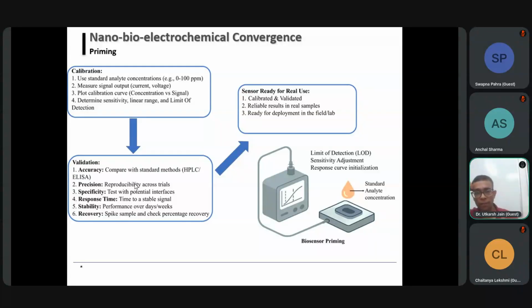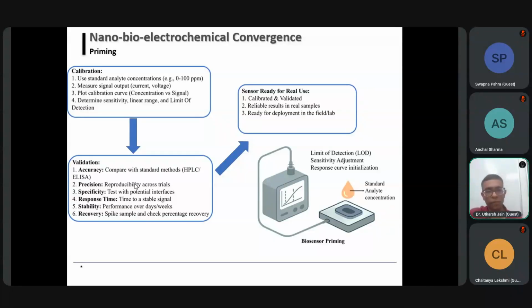In all electrochemical device development scenarios, you need to focus on the stability of your performance. You need to focus on whether you can recover the sample outcome when the information is really accurate. This is one of the most important parameters, where you need to check whether the device which you have developed is actually giving the same or closer information to the gold standard method.